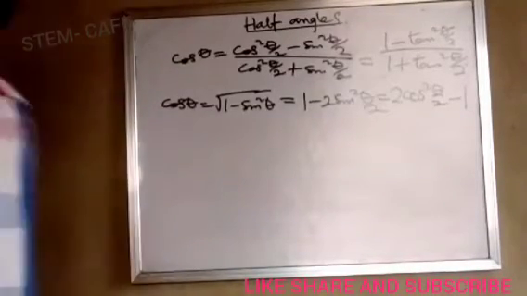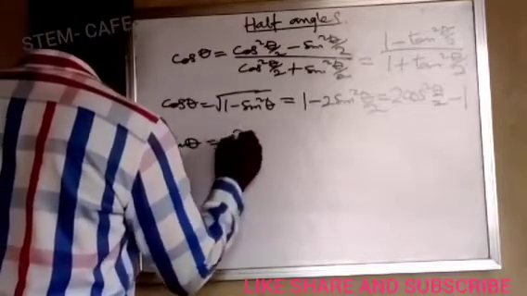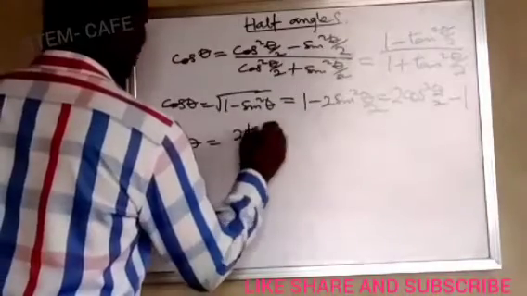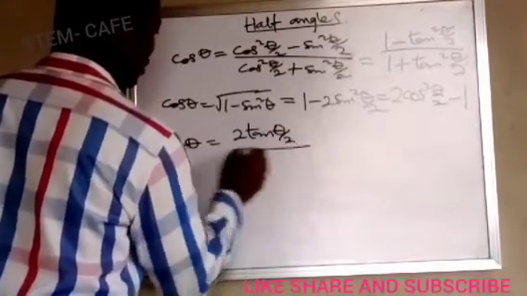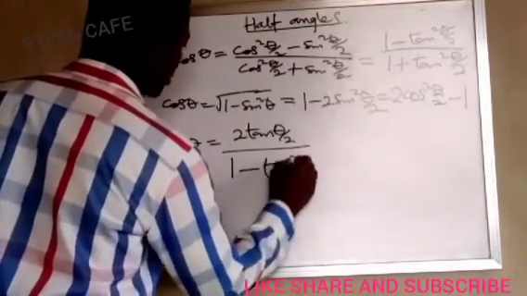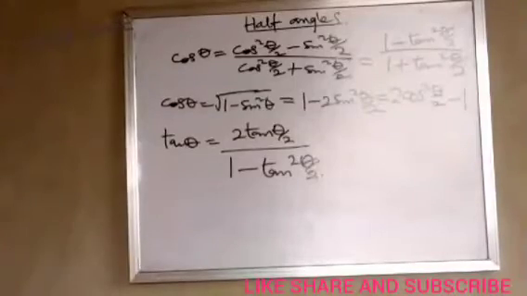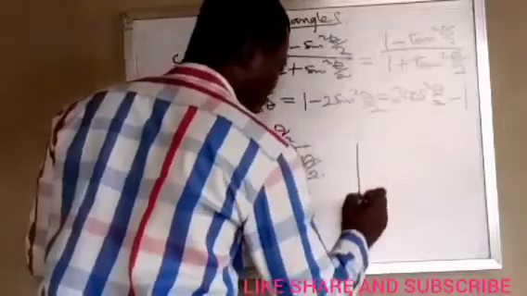Now, if we have tan theta, we know that tan theta is equal to 2 tan theta over 2 over 1 minus tan square theta over 2. I have a unique way of memorizing this. I draw a triangle like this.